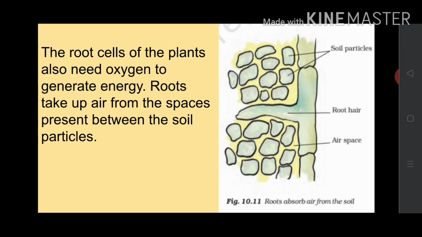So the availability of oxygen between the soil particles is less. The root will not get enough oxygen for its growth. So plants cannot survive if you supply too much water.